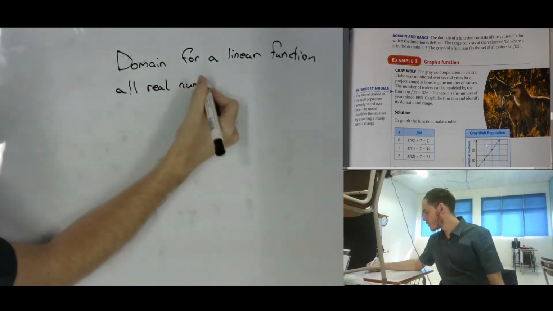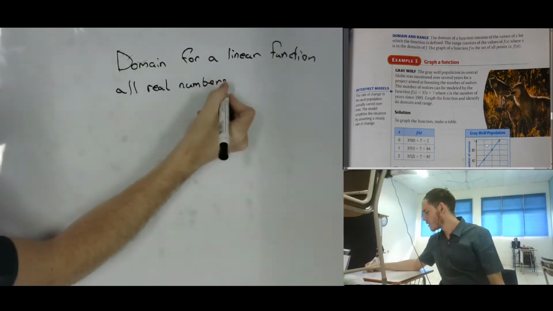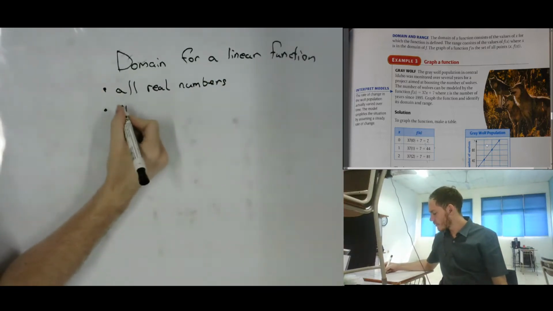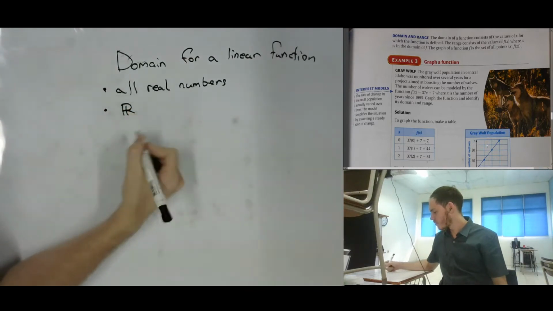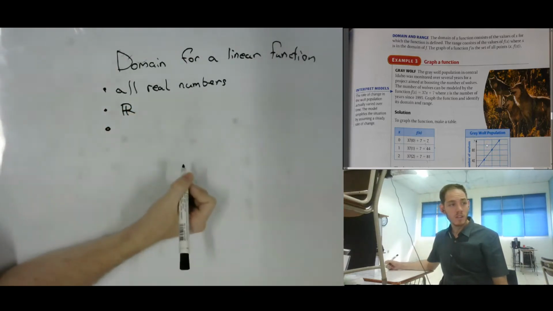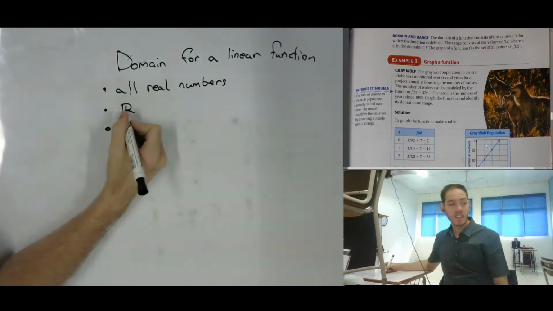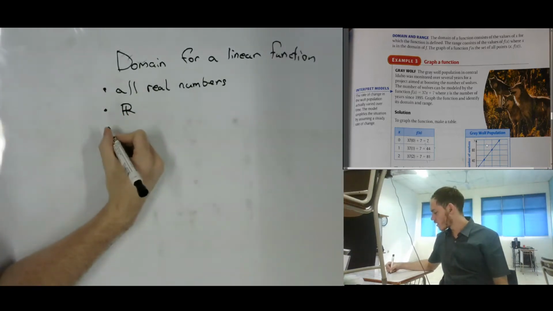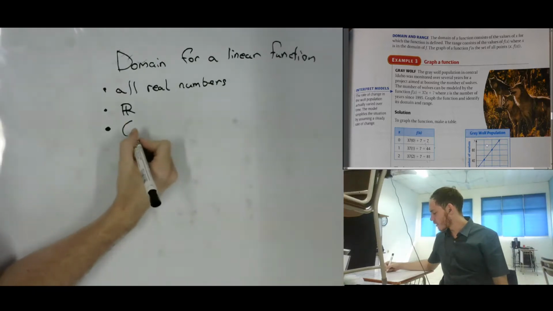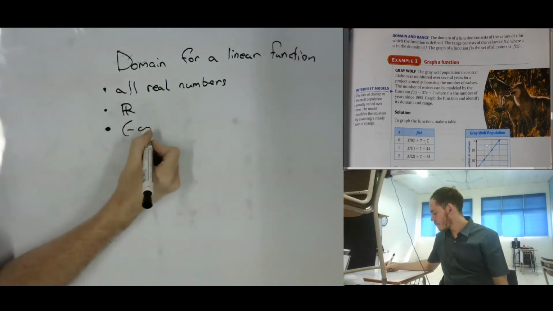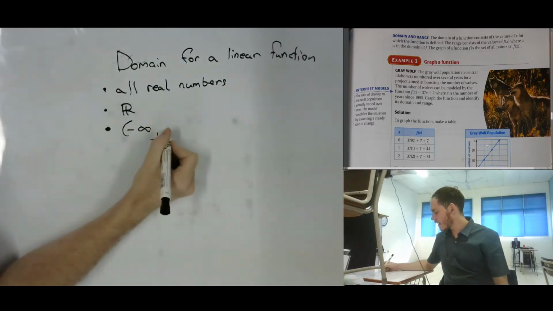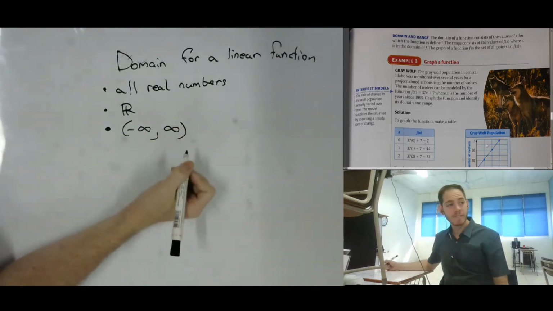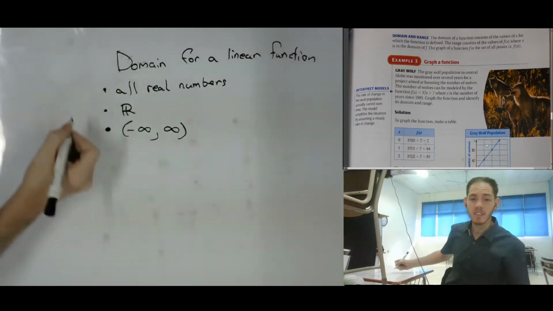Okay, all real numbers. You can write it that way. You can write it with this symbol, which looks like an R with an extra line through it. Or, you write it with parentheses. And because it's all real, it goes from negative infinity to positive infinity. Okay? So all 3 of these are true.